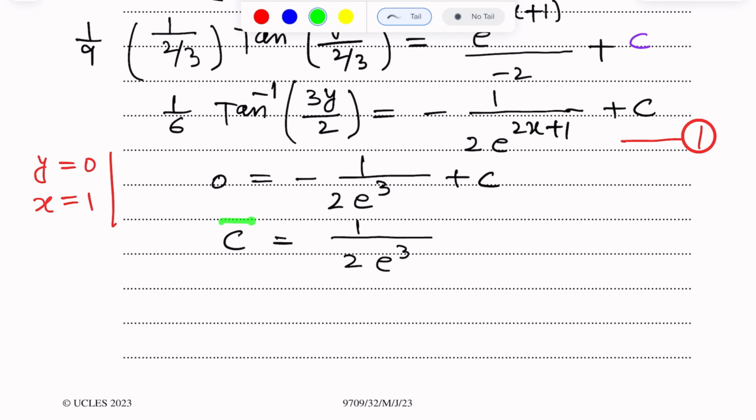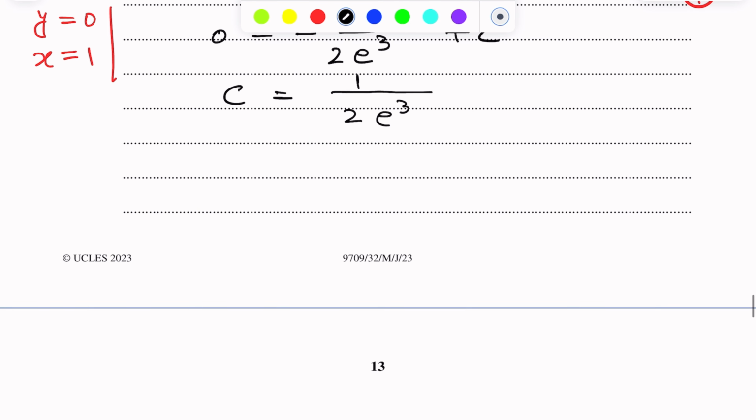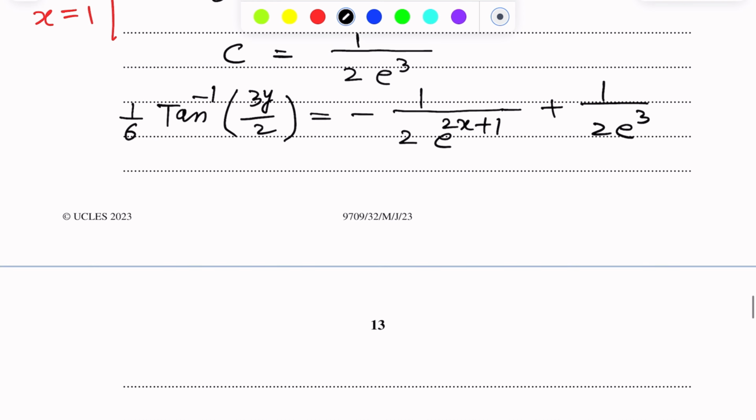Putting the value of C in equation number 1, we get 1 over 6 tan inverse 3y over 2 is equal to minus 1 over 2 e power 2x plus 1 plus the value of C, that is 1 over 2 e power 3.